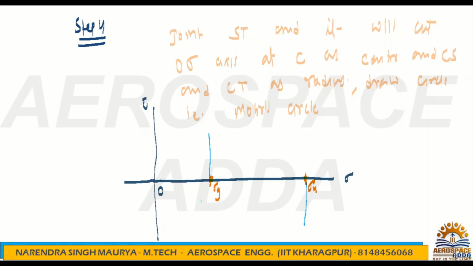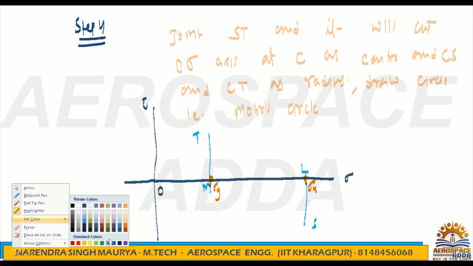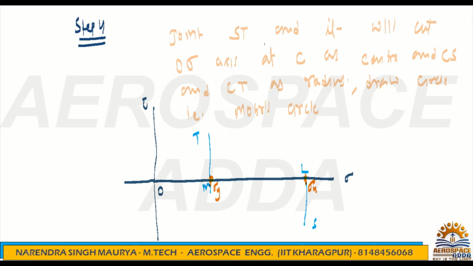If you check, this was M, this point was L, this point was T, and this point was S. Remember. So they are saying simply you just join ST. So we are joining ST. Now it will cut O sigma, which is the X axis. It will cut the O sigma axis at C, so where it is cutting, you just give the name C.